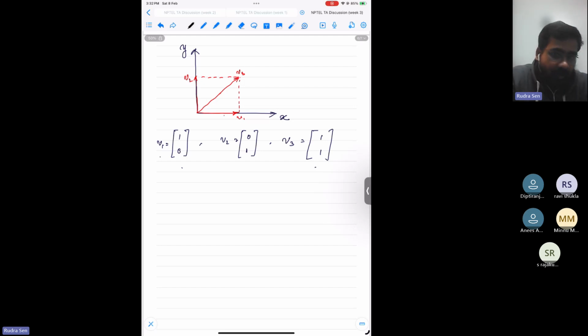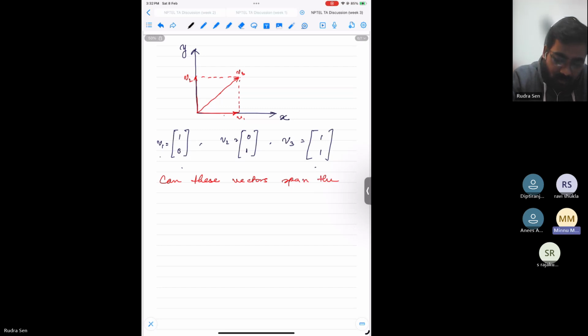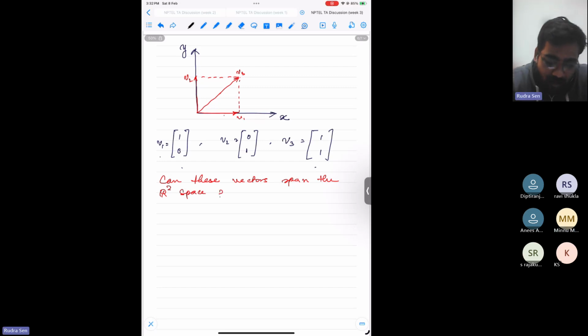From here, the concept of spanning comes into the picture. First of all, what is spanning? Can these vectors span the R2 space or not?